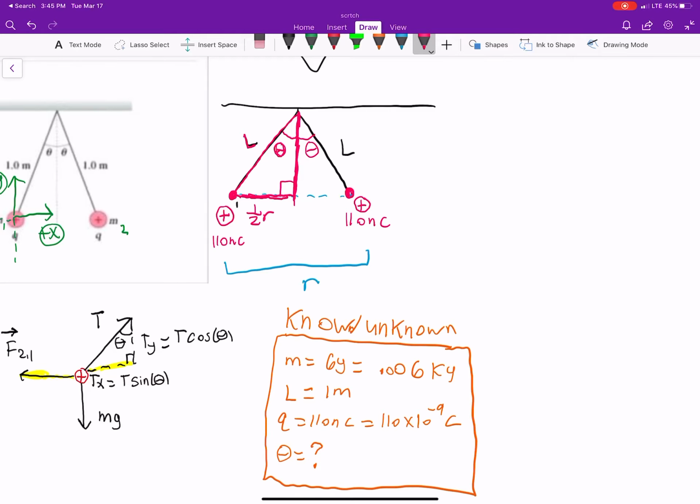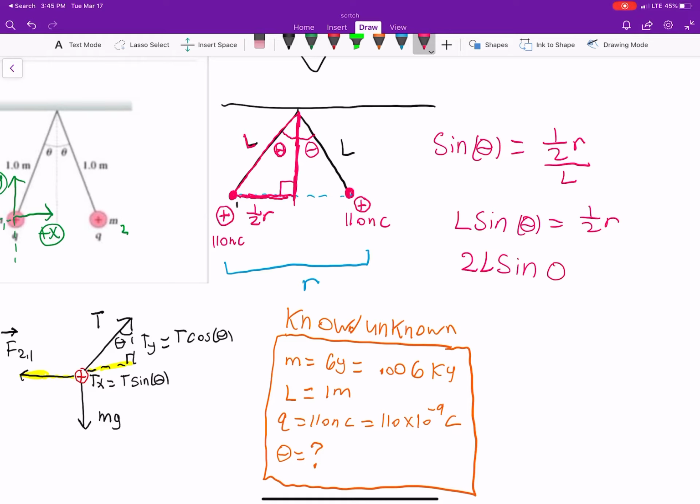So we could say sine of theta is equal to 1/2 r divided by the hypotenuse of this red triangle, which is length L. Or if we multiply both sides by L, L sine of theta is equal to 1/2 r. If we multiply both sides by 2, then 2L sine of theta is equal to r.